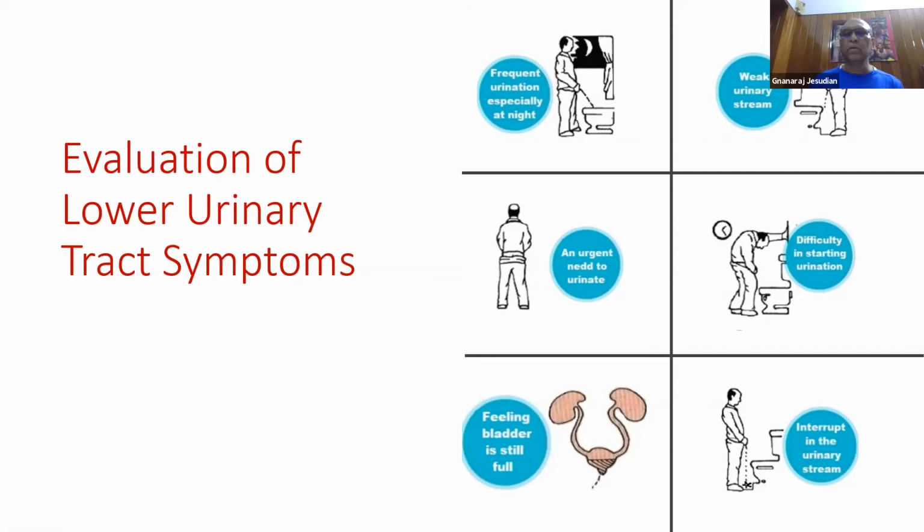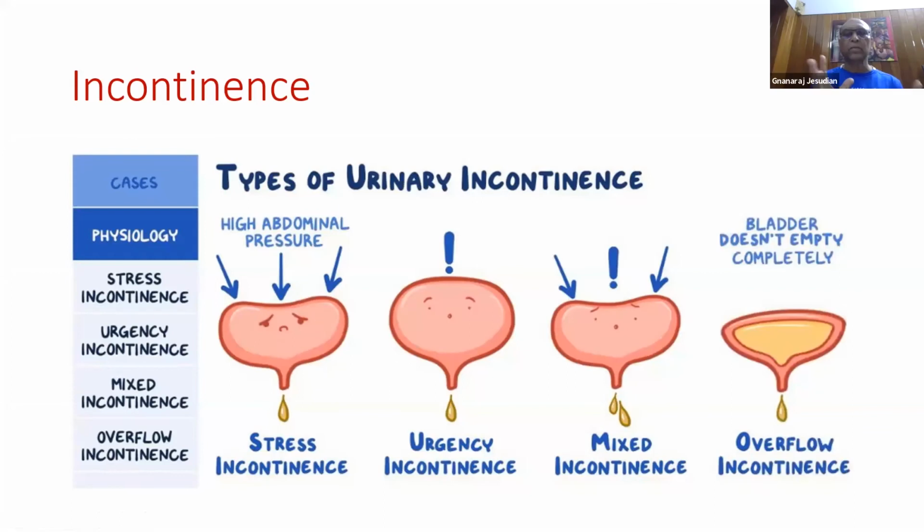And these symptoms also will be aided by doing a cystoscopy, which will give a clear picture of what the condition is. Then we do the cystoscopy for what we call incontinence.